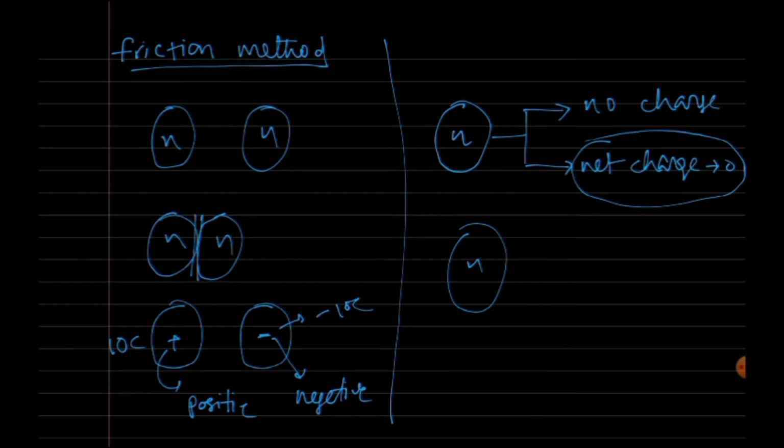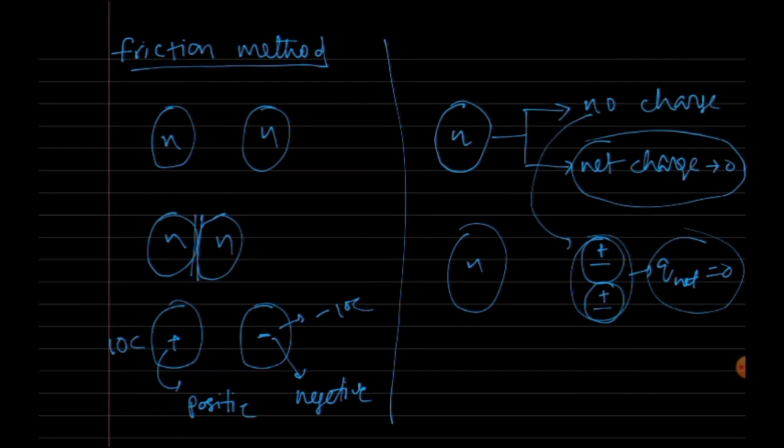No, it is exactly the wrong interpretation, because there will be charges, both positive and negative, which pre-exist in the material or the object or in the atom. But these positive and negative charges are combined together, bonded together to give zero net charge. So the net charge of a neutral object is zero, but charge still exists.